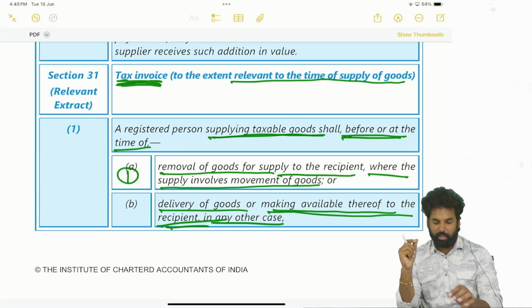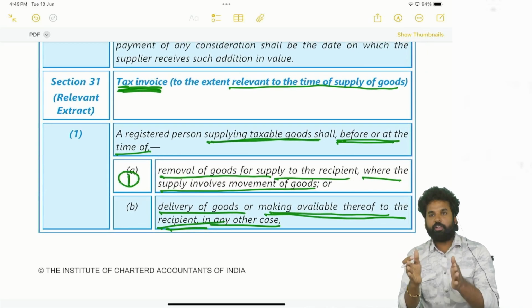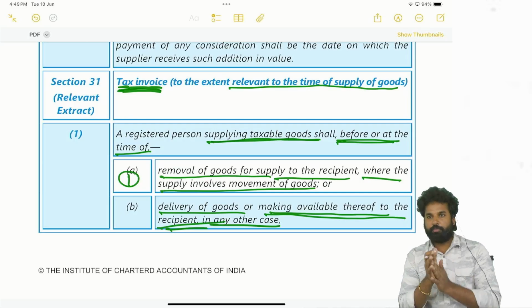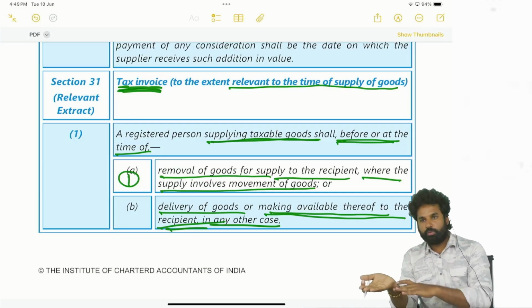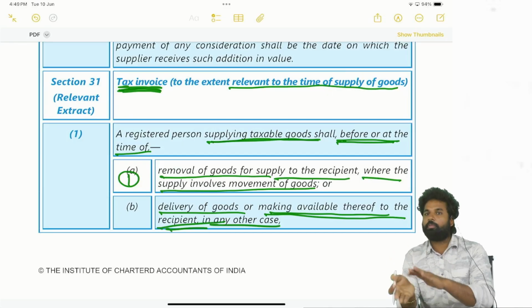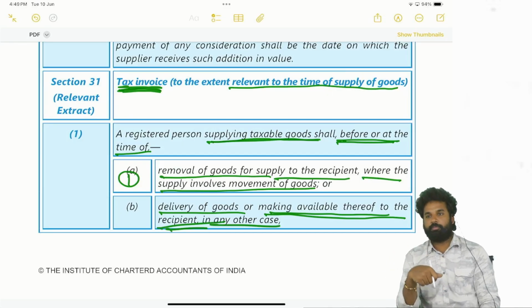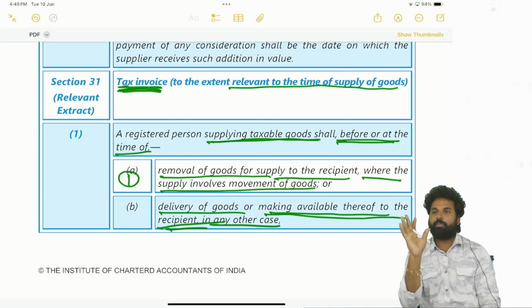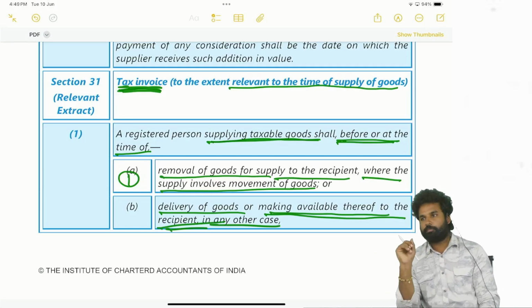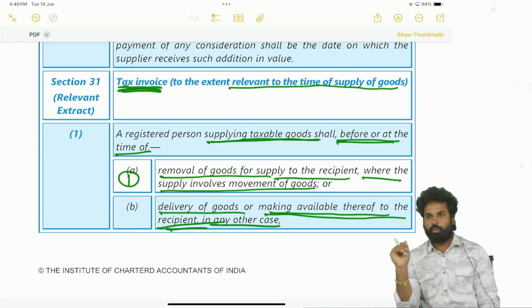So in such cases, whenever there is delivery, on or before such delivery, whenever there is a removal of goods, on or before the date of removal, whenever there is making available, on or before the date of making available, what shall be issued? Invoice shall be issued. So without an invoice, goods shall not be moved.